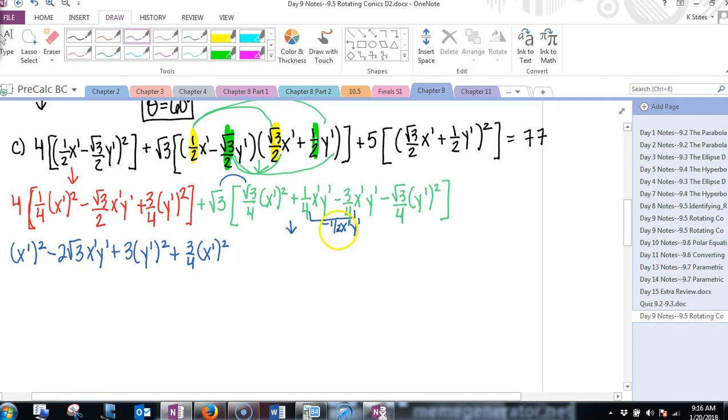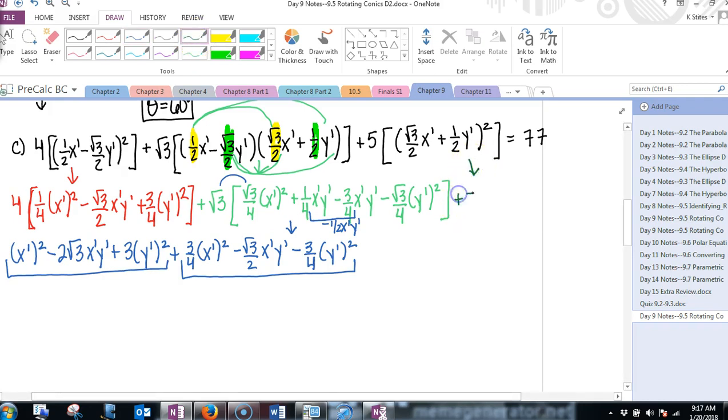Root 3 times negative 1/2 is just negative root 3 over 2 x prime y prime. And then I have root 3 times negative root 3 over 4, which is negative 3/4 y prime squared. Okay, so this is your second part, this is your first part, and we have one part to go, which is good because I don't have a lot of room left.